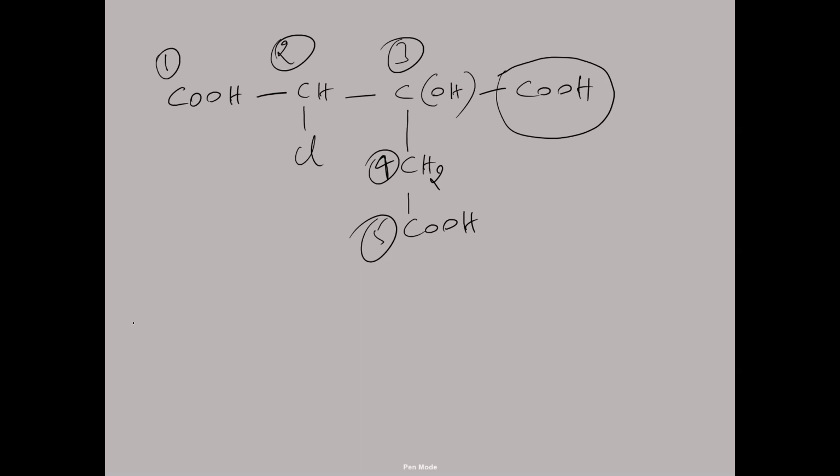So tell me the name now here. 3 carboxy, 2 chloro, right? After that, 3 hydroxy.